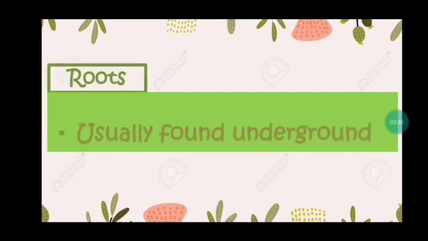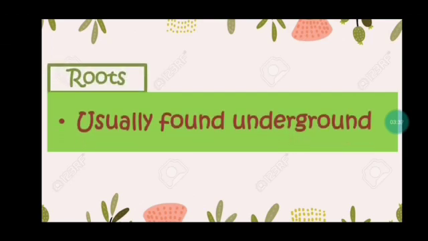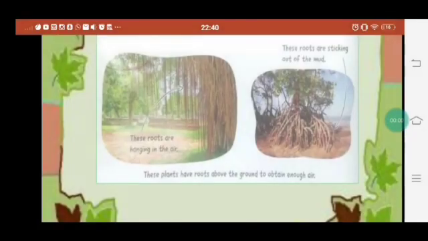Okay, still about the root. The root is usually found underground. So there is the word usually, biasanya. Root itu biasanya found underground. So it means there are unusual roots. Ada root yang tidak usual, yang tidak biasa.